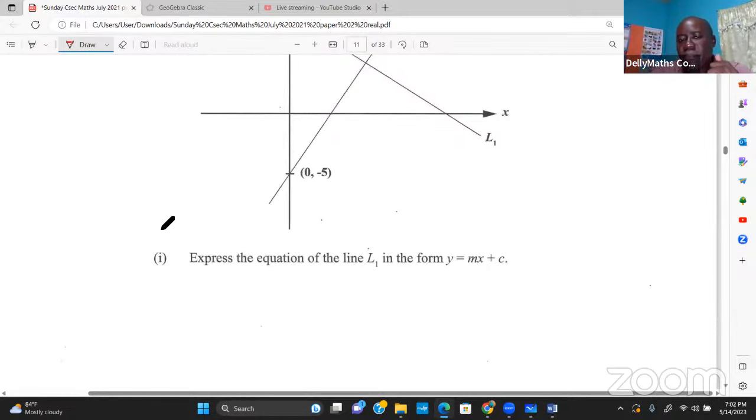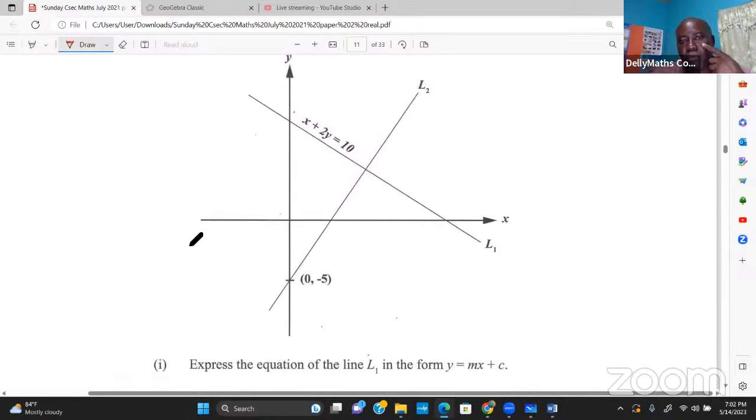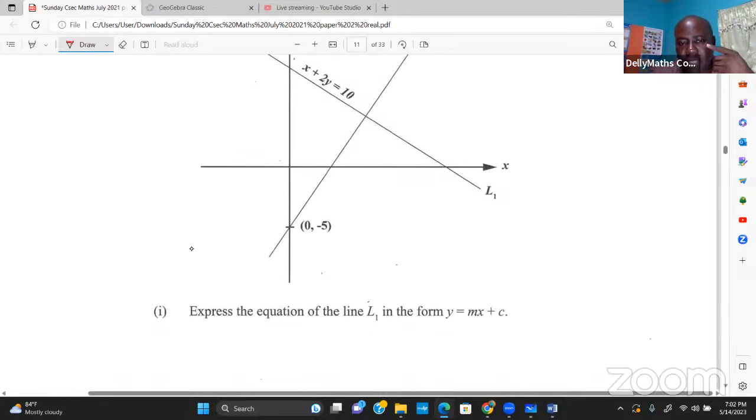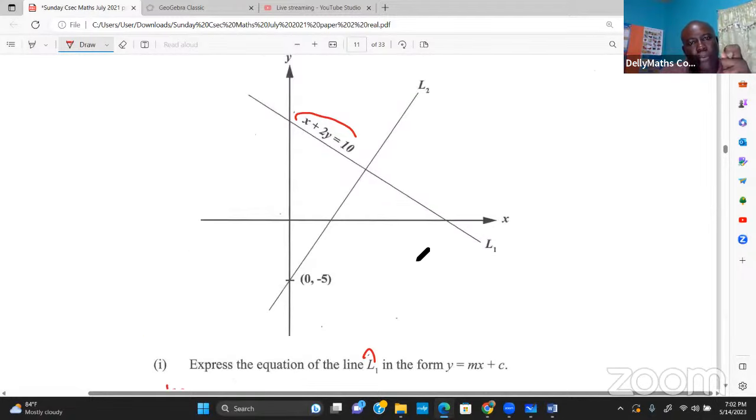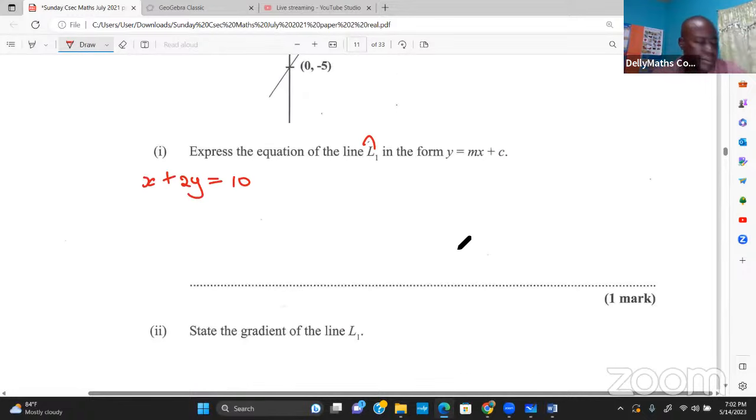Express the equation of the line L1 in the form y equals mx plus c. Focus though, don't mess up. L1, this is L1. Let me write it. It says x plus 2y equals 10. Making sure that it is L1, right? So now let's deal with it.